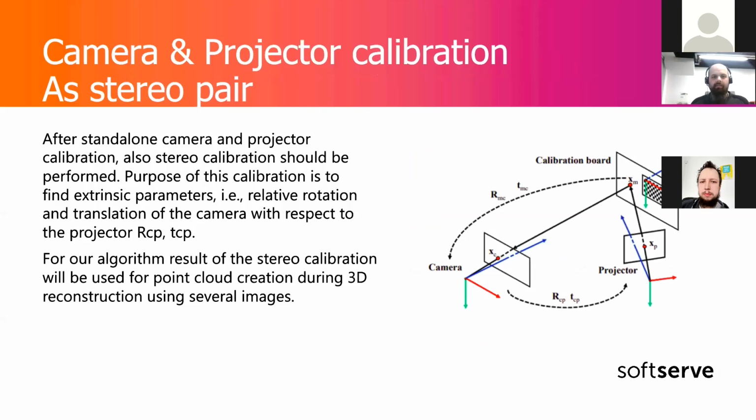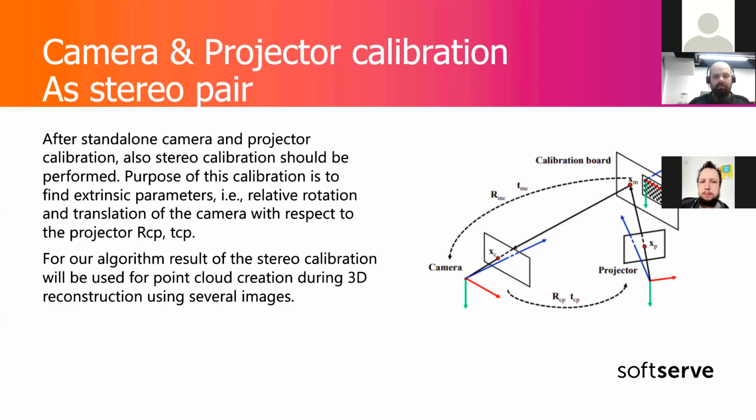So in the end, we will also need to acquire the stereo calibration parameters, mainly the rotation and translation vectors. We will have those parameters which describe our projector rotation with respect to the camera, so we can then use them for our point cloud generation from the depth map.